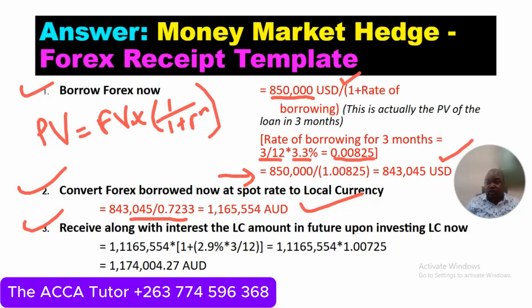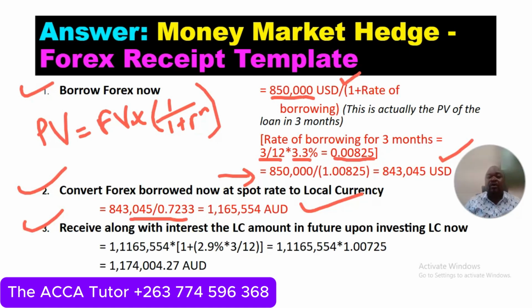We are going to receive it in 3 months. So we just go to the bank and borrow the same forex amount. That's what we have done. We have converted it into our local currency, but we are not going to sit idle with that money, because the banks will want their money back. We have borrowed from them, but they would want that money back.